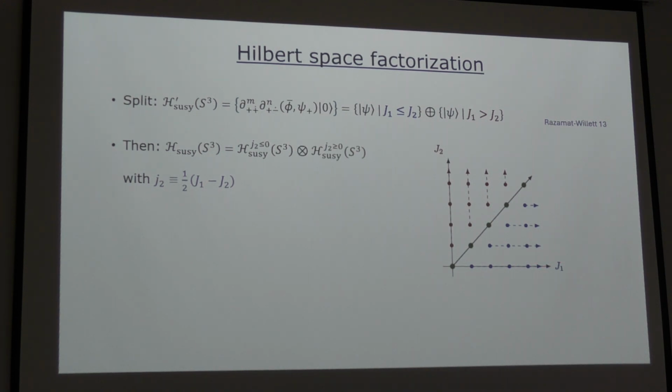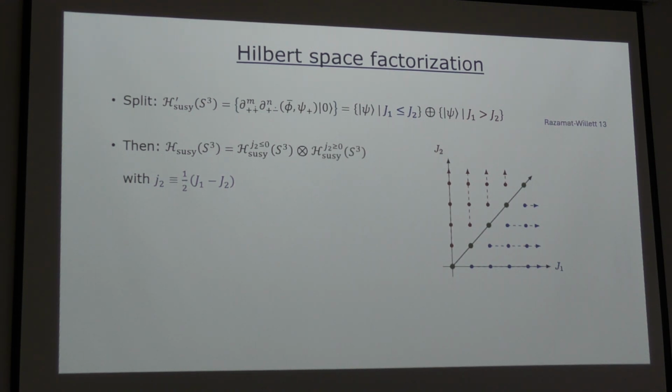If I do that, then the full Hilbert space can be factorized into words made up of letters from one subset and words made up of letters from the other. I call these two Hilbert spaces J2 less than or equal to 0 and greater than or equal to 0, where J2 captures the difference between capital J1 and J2.